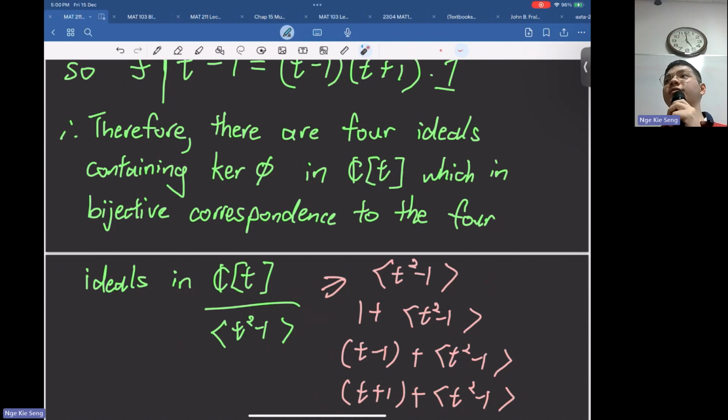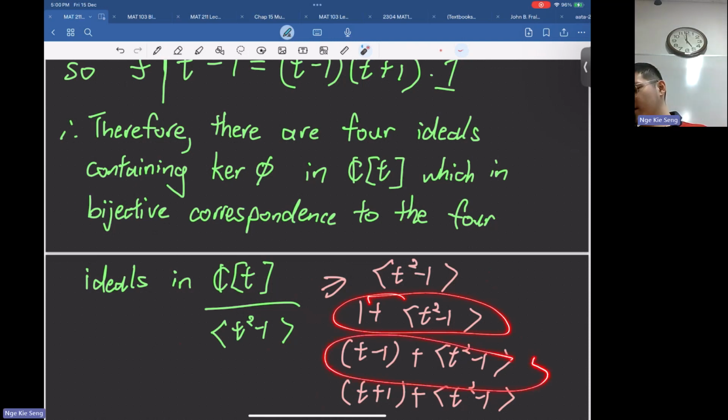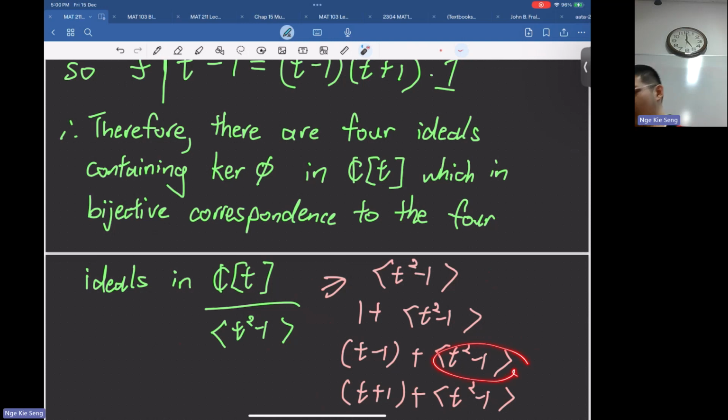I can multiply the cosets together. I can add the cosets together by what we did just now: A plus I plus B plus I equals A plus B plus I. So 1 plus I plus T minus 1 plus I, what do I get? I get T plus I.